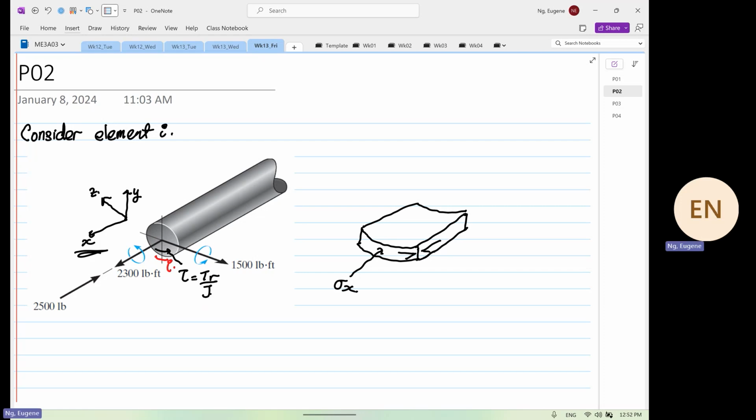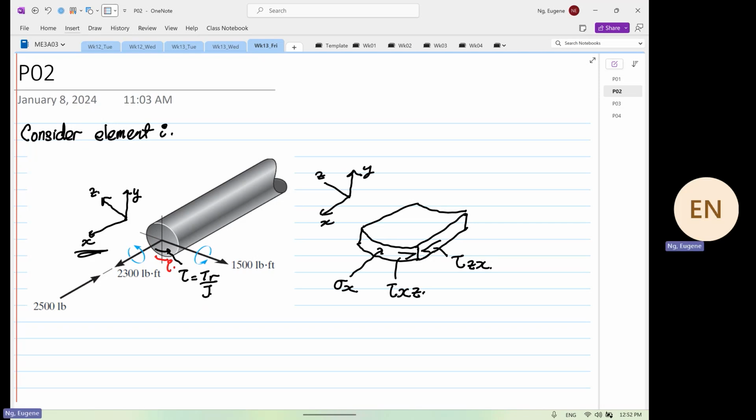So we are also aware that for this shear, the intersecting plane is X, and the direction is in Z. And down here, this is shear where the intersecting plane is Z and the direction is in X. So now we know the direction of our element.